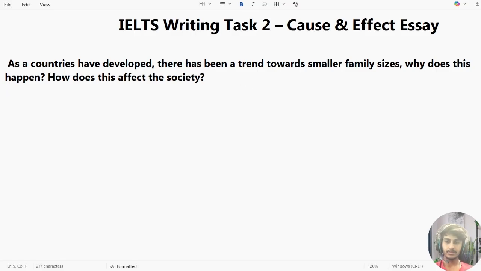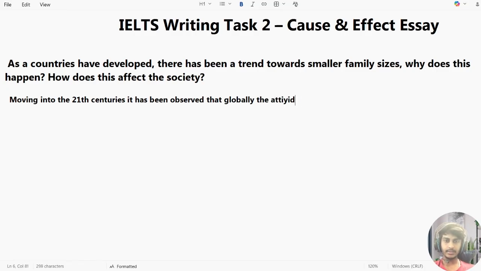Introduction. Moving into the 21st century, it has been observed that globally the attitude has been towards nuclear families.